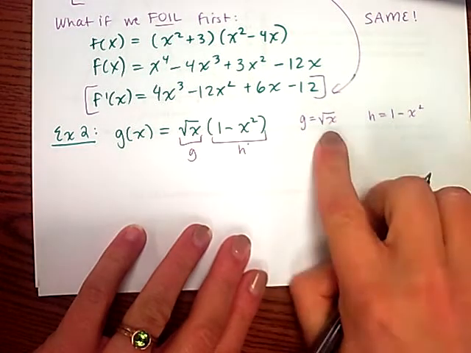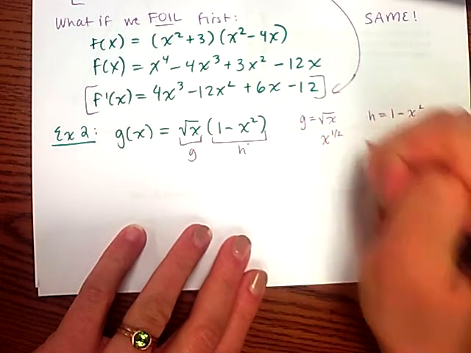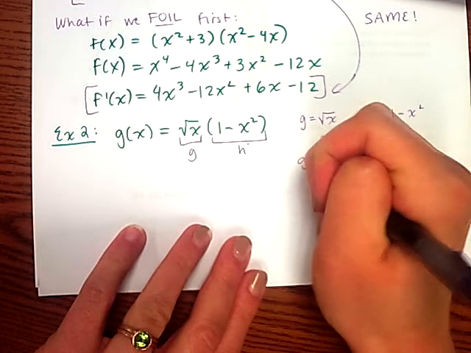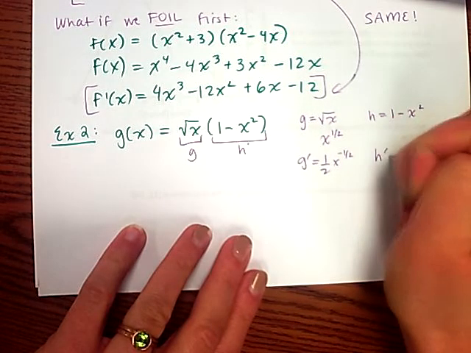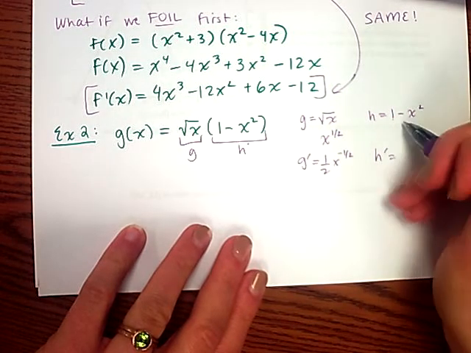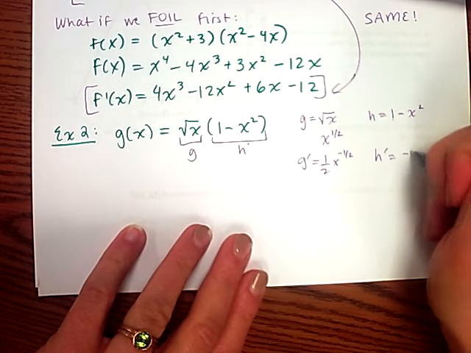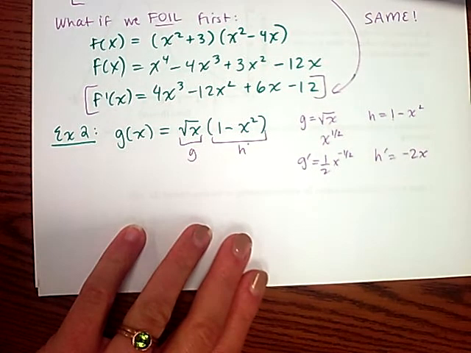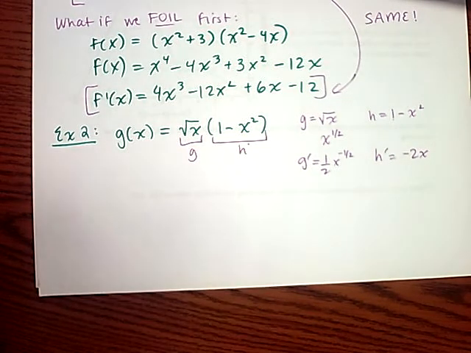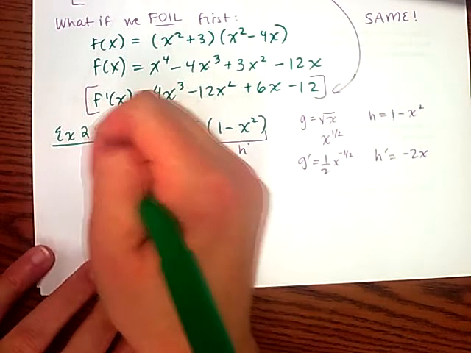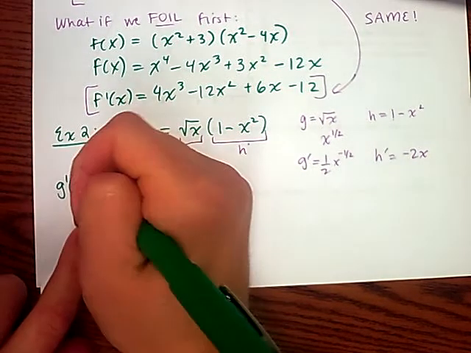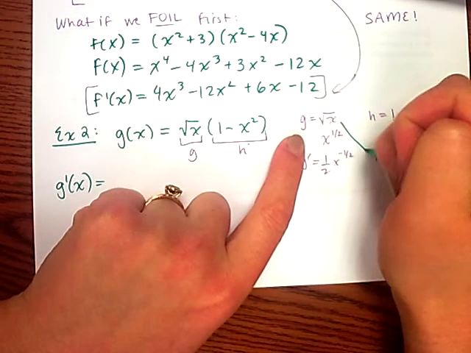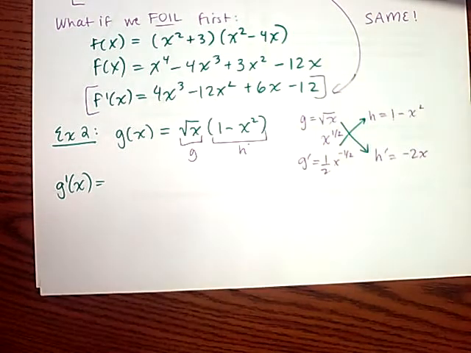So the derivative of the square root of x, well, that's the same thing as x to the 1/2. So g prime is 1/2 x to the negative 1/2. And h prime is: derivative of 1 is 0, and then the derivative of negative x squared is negative 2x. So now, putting this all together, for g of x prime, it should be this times this, and then this times this, right?